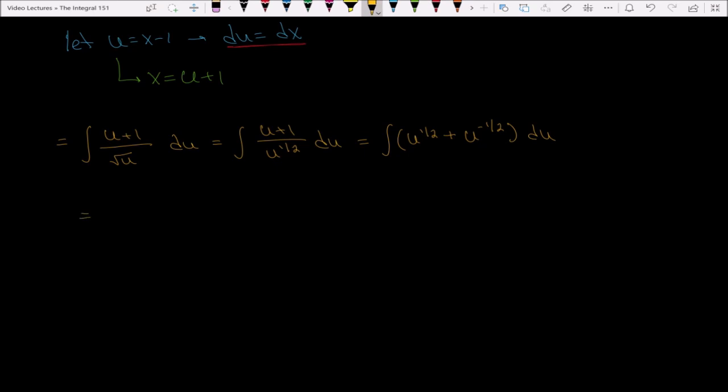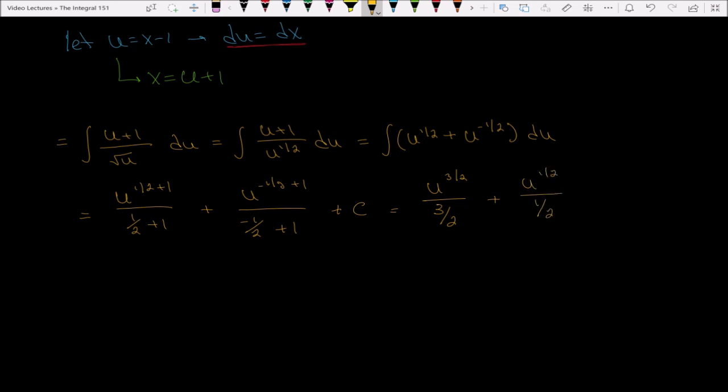This is a sum of antiderivatives and power rules, so we're going to have u to the 1/2 plus 1 over 1/2 plus 1 plus u to the minus 1/2 plus 1 over minus 1/2 plus 1. This is u to the 3/2 divided by 3/2 plus u to the 1/2 divided by 1/2.